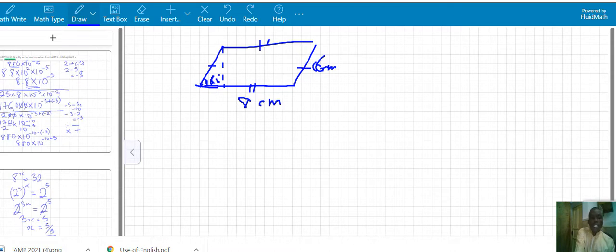Now recall that they say this is parallelogram A, D, B, and C. I guess we are getting this. This is going to be 60 degree.